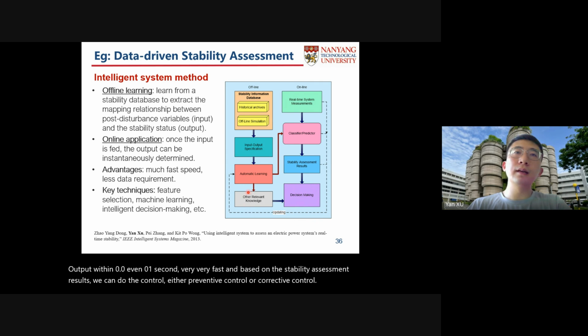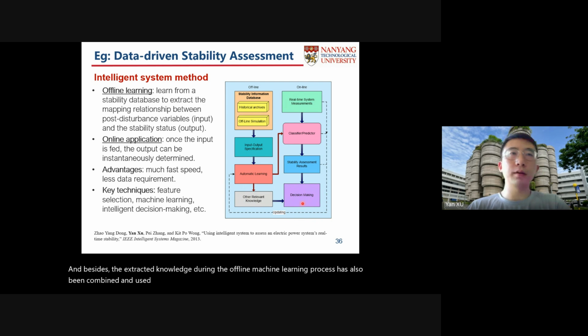Besides, the knowledge extracted during the offline machine learning process can also be used during this decision-making process. So this is the general principle or architecture of this intelligent system-based, data-driven stability assessment. The advantages are that they are very fast.